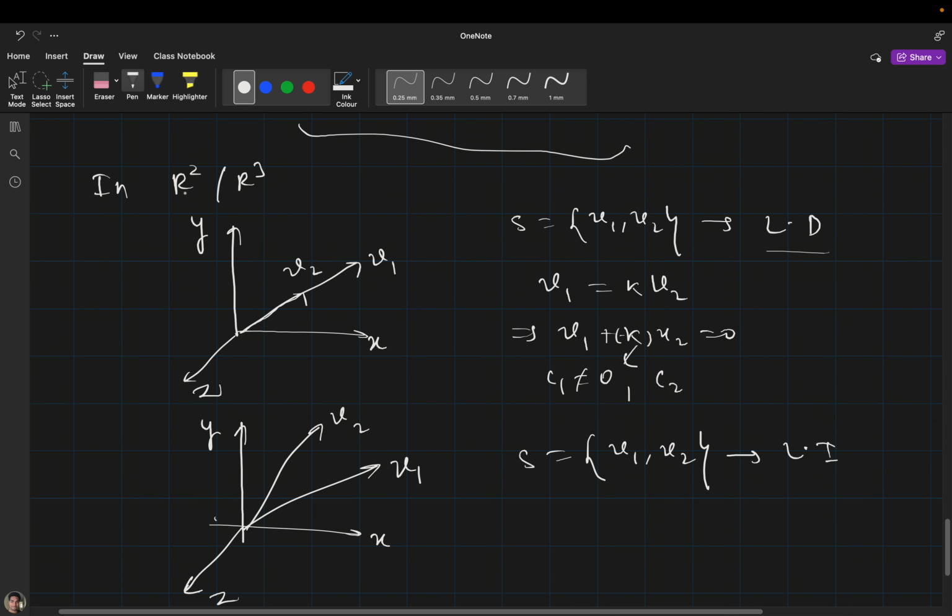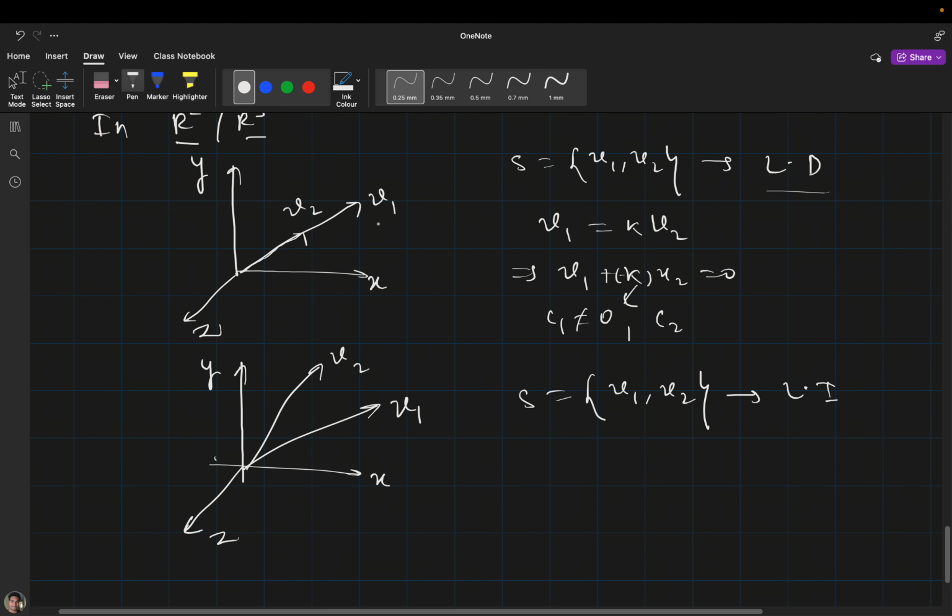If I explain in two or three dimensions, and you take just two vectors, then for that system, linearly dependent is nothing but those two vectors being either parallel or anti-parallel. There is no extra combination that will exist. If you have a vector v1, then the vector v2 cannot be expressed as a scalar multiple of v1. Never.